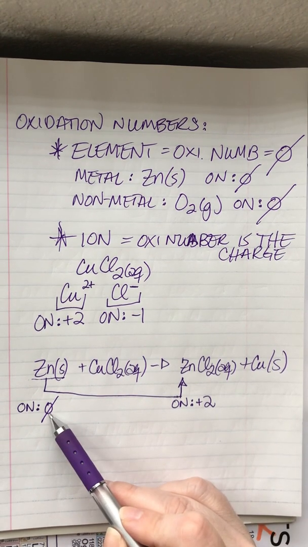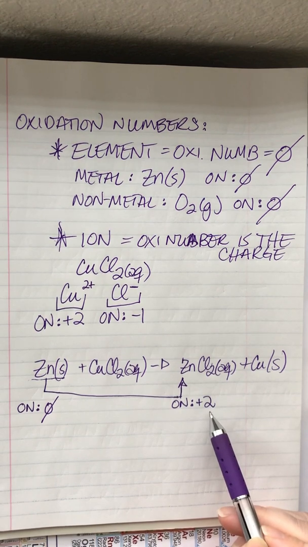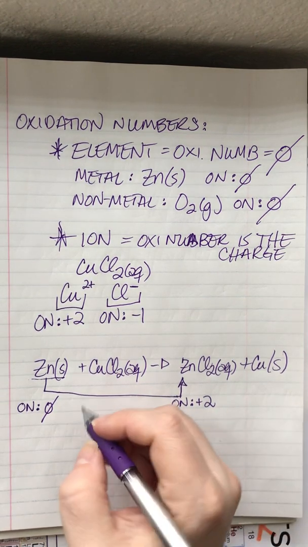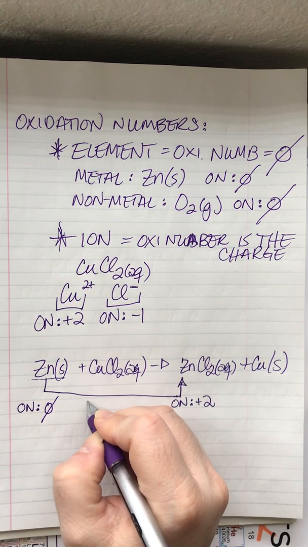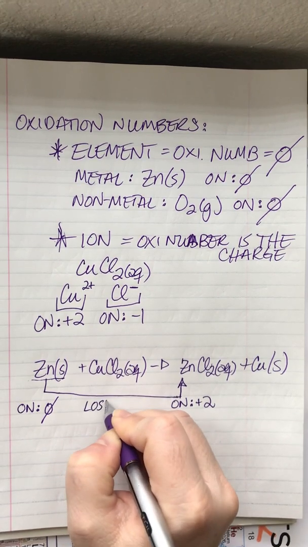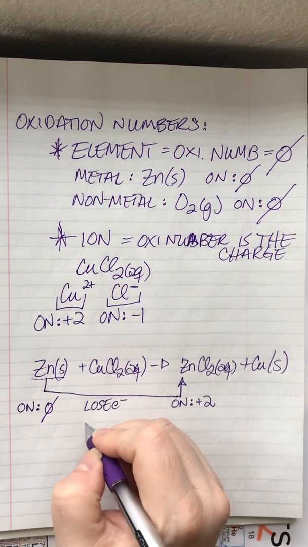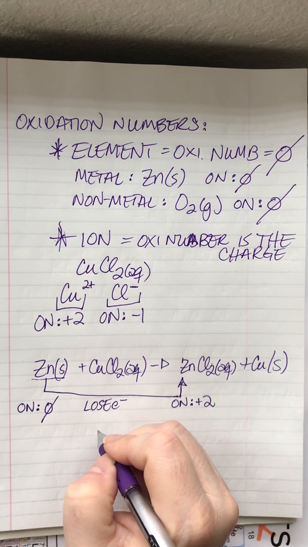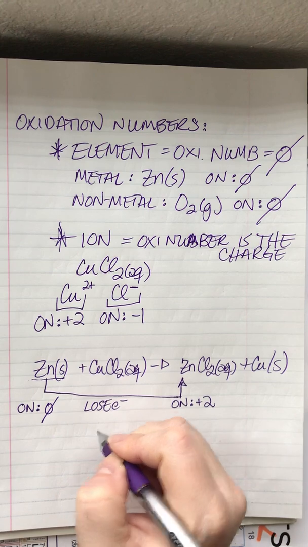So we went from 0 to +2, which means we had to lose 2 negatively charged electrons. So when we lose electrons, which one is that, oxidation or reduction? That's oxidation.